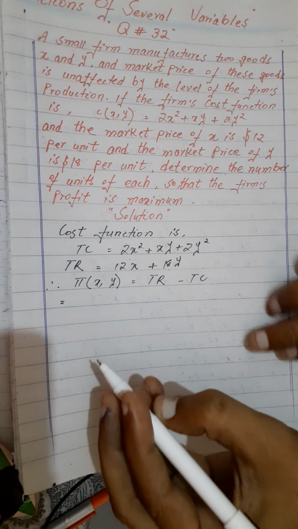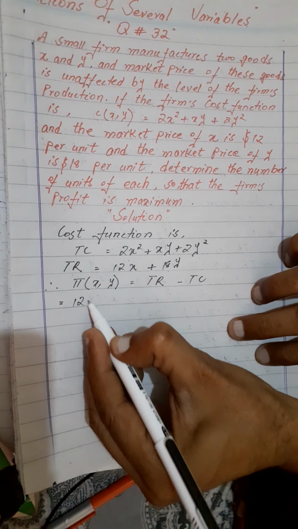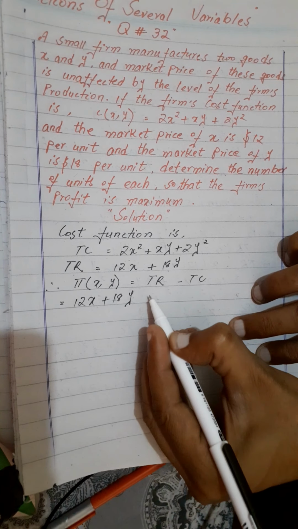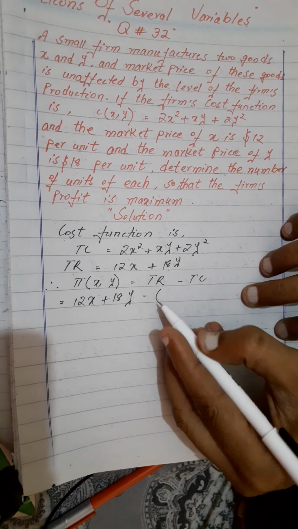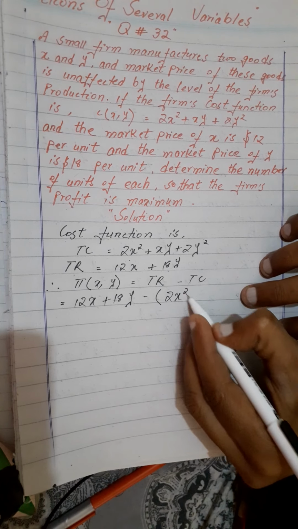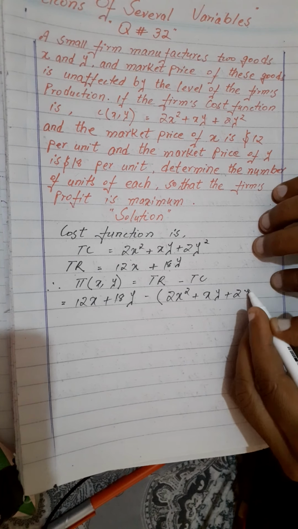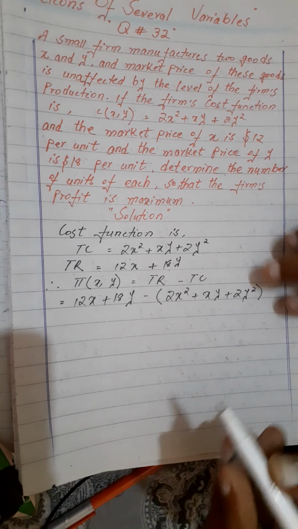Total revenue function is 12x plus 18y minus total cost 2x square plus xy plus 2y square.